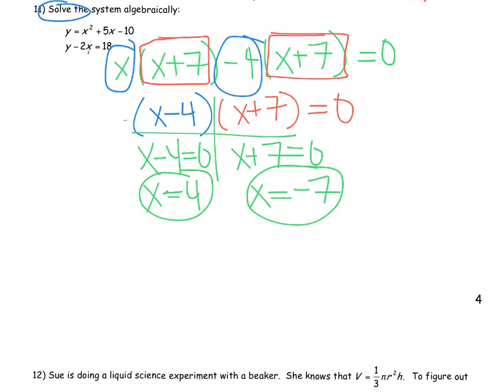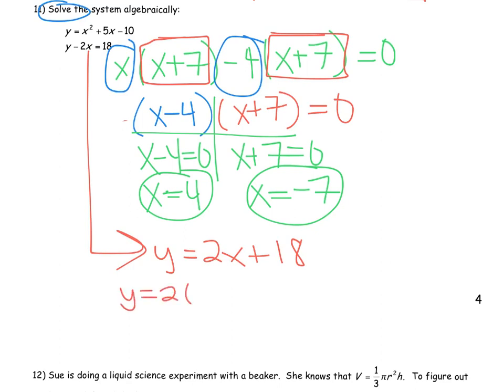If you remember before, we solved y and got it by itself and said y equals 2x plus 18. I'm going to use the linear function because that's just easier for me to work with personally. I don't want to bother with the quadratic. When I plug in x to be 4, what do I get? Good. You get y equals 26.